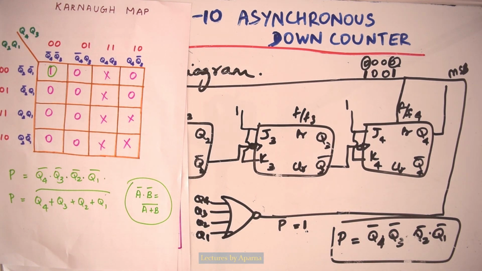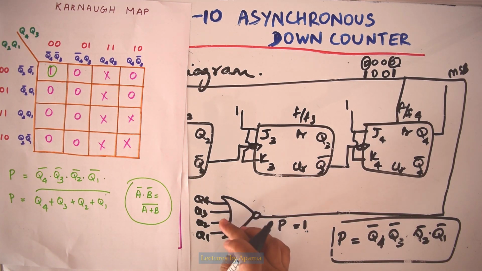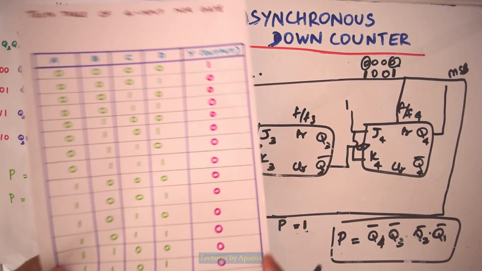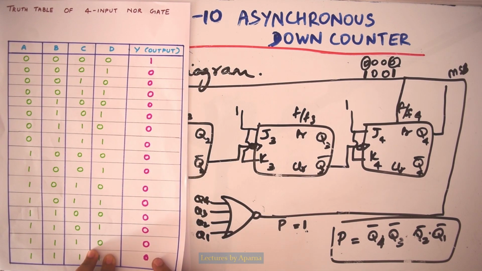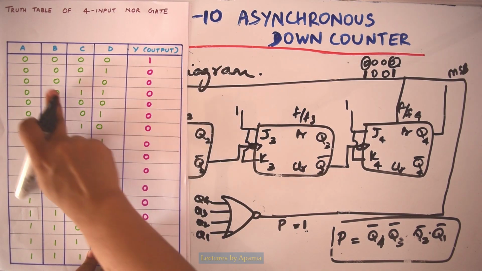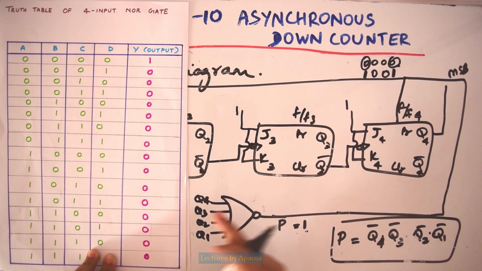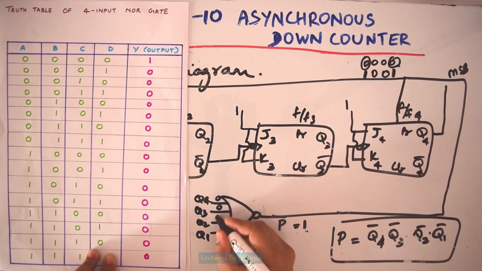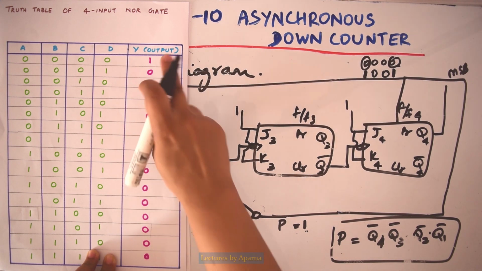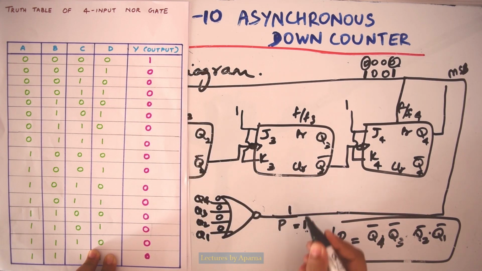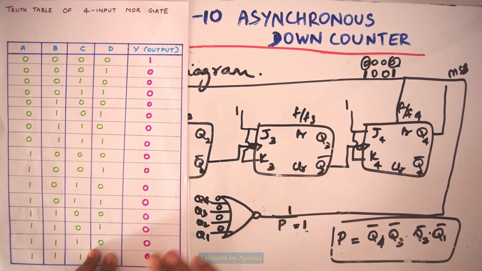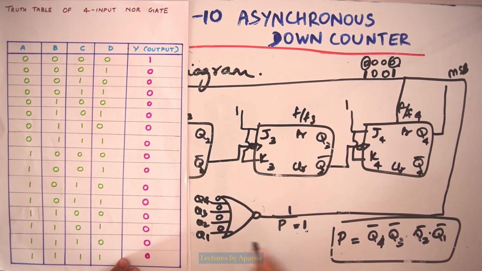So what does this say? This is the truth table of a 4 input NOR gate. For a NOR gate, when all inputs become 0, you will get an output 1. For all other cases, the output will be equal to 0. So for all other counts, the preset value will be 0.